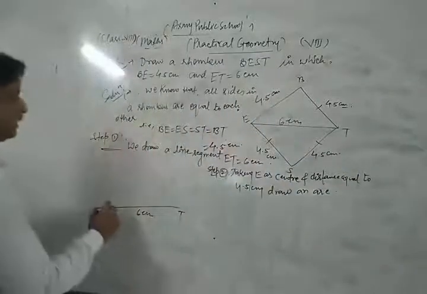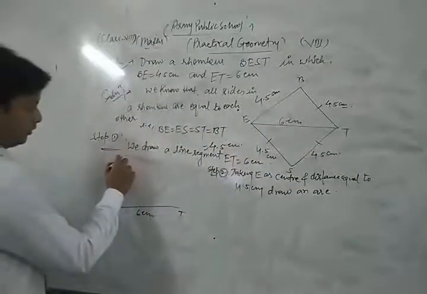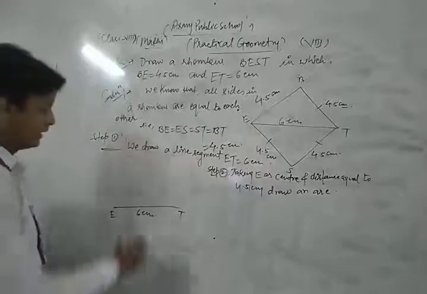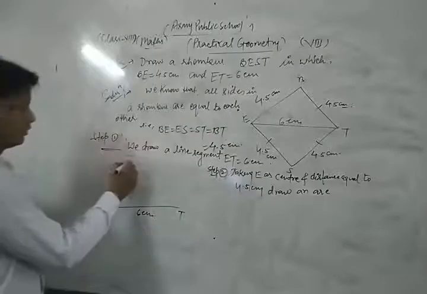Let's see. Take E as center and distance equal to 4.5. We draw an arc in this way.